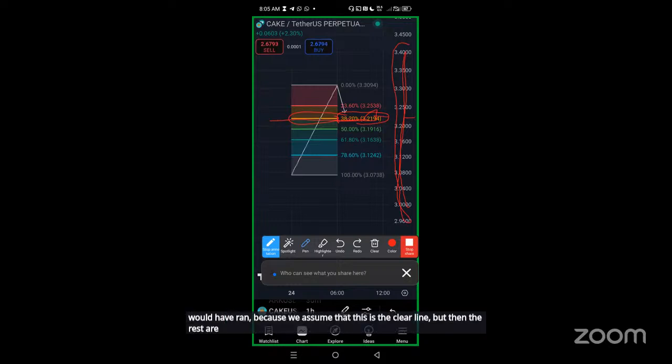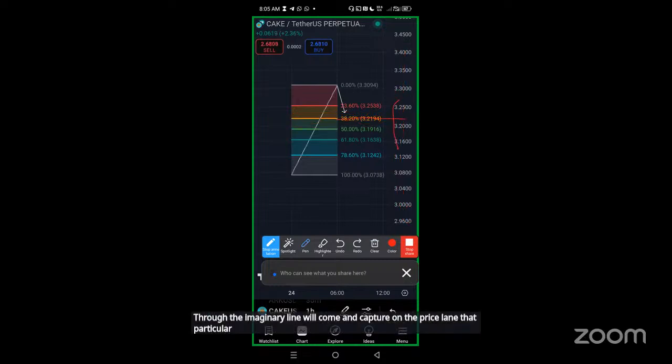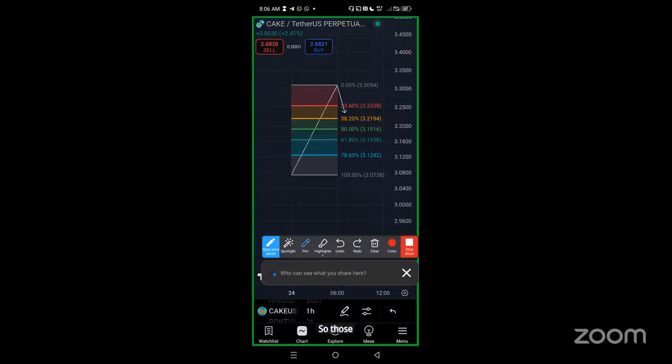We can't see it. But exactly this line here, through the imaginary line, will come and capture on the price line. That particular point where it is going to touch on the price is the price that is going to be indicated in bracket. So those fib retracement levels capture those price levels. Okay, that's why you see them in bracket.